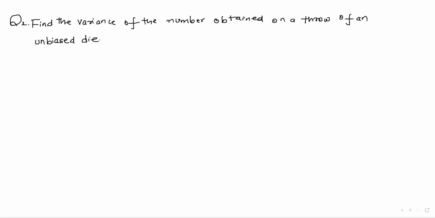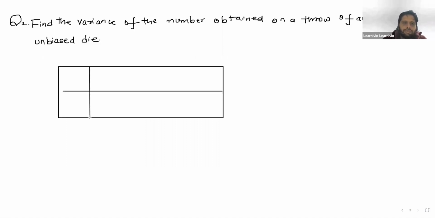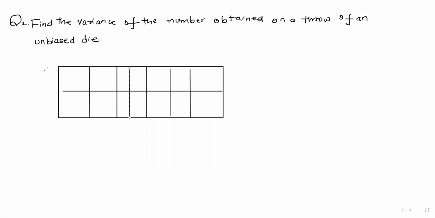Okay, Nabil. First tell me what the possible values of x are. Sir, 1, 2, 3, 4, 5, 6. Yes. Variance of the number obtained on a throw of an unbiased die: 1, 2, 3, 4, 5, and 6.